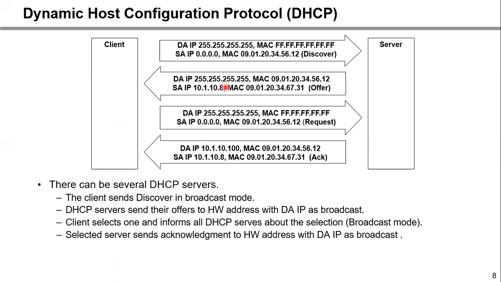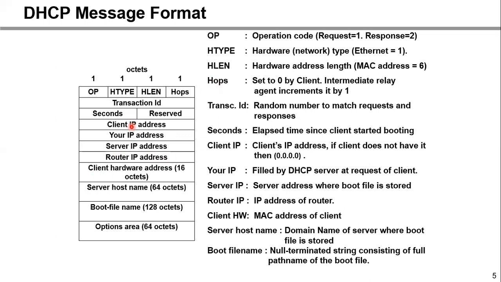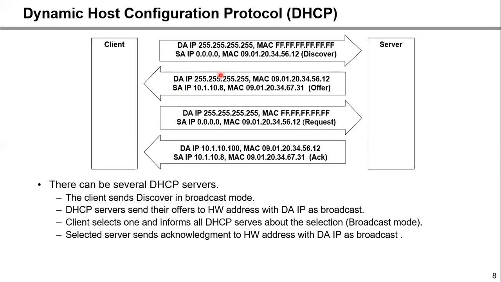Let me just go back to this message. Your IP address is mentioned in the DHCP offer, selected from the IP addressing pool. If the client accepts that IP address, it sends the selected parameters and the IP address as an accepting message.